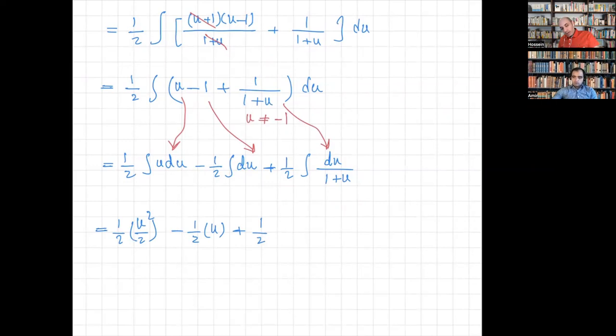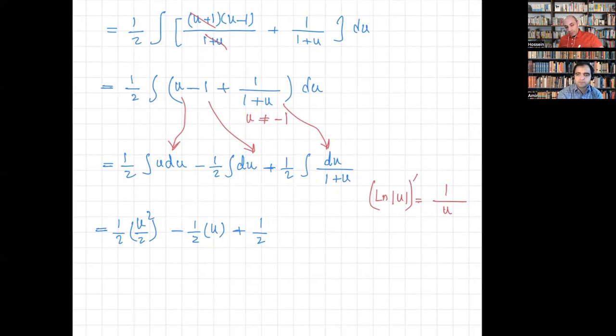So on the side, let me write this. If you have ln of the absolute value of u, if you take the derivative of this, it is equal to 1 divided by u. And if I add a constant, that constant is not going to do anything.